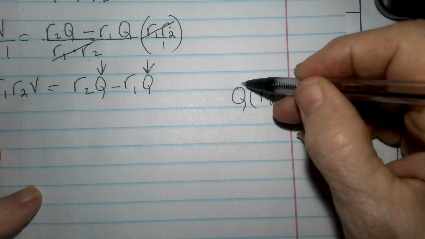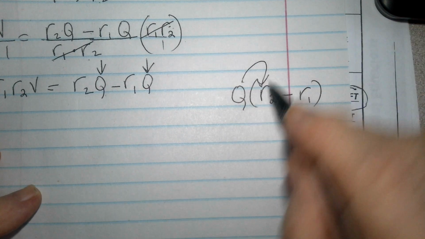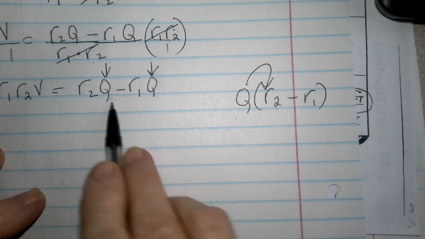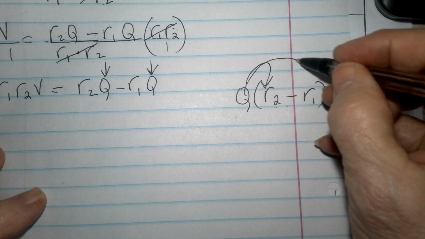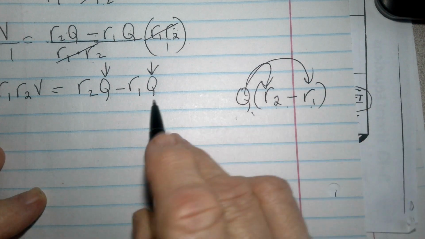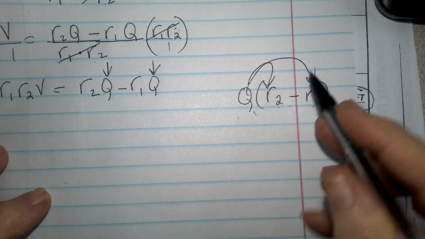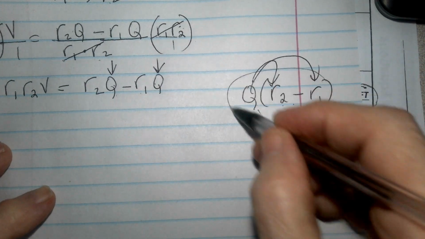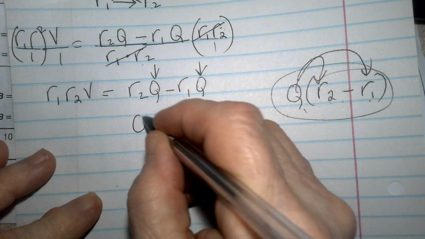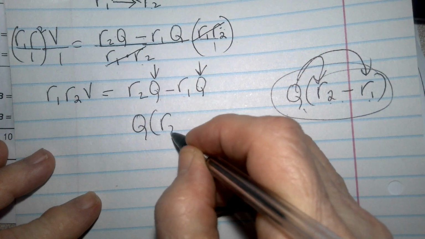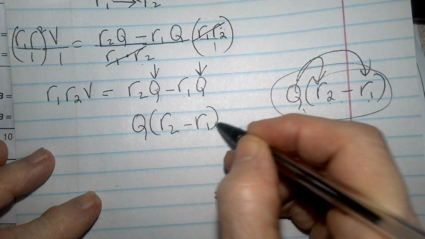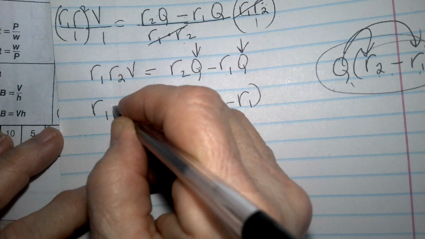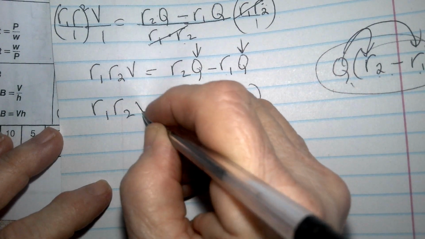It was distributed, Q times R2 is R2Q, minus Q times R1 is R1 times Q. So we need to get this out. We pull it out and have it look like this. So you put the Q and you put R2 minus R1 equals R1, R2, V.